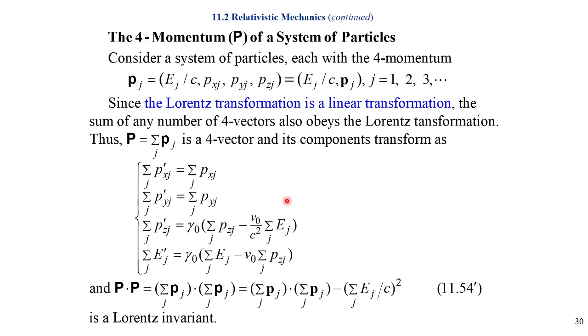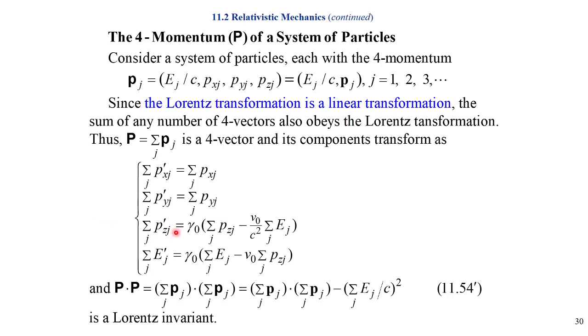That is, if we have two coordinates, one is frame K, and the other is another frame. Because the Lorentz transformation is a linear transformation, the sum over all the values, after the summation and before the summation, follow the same transformation matrix.